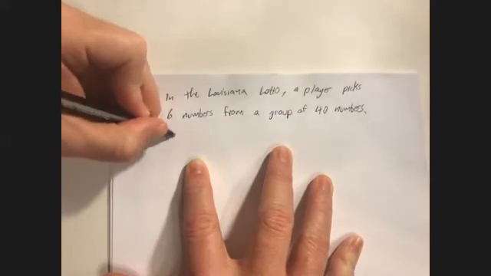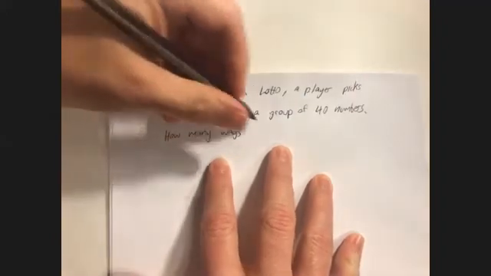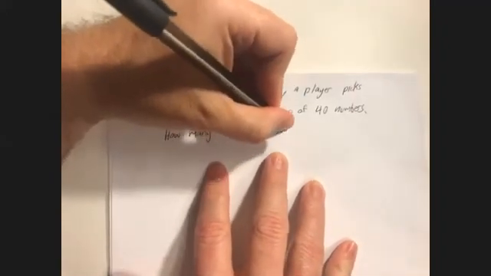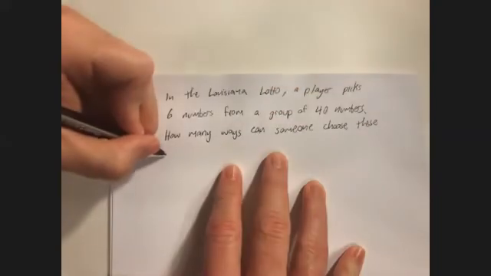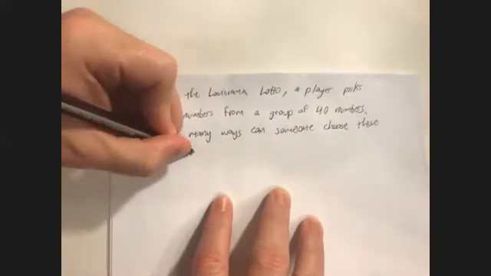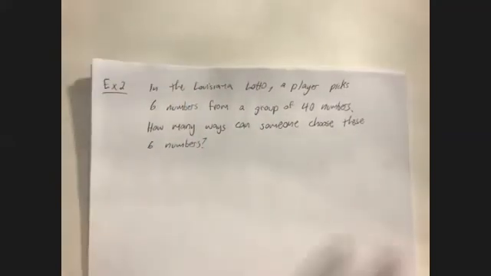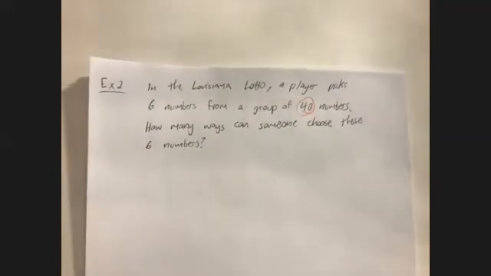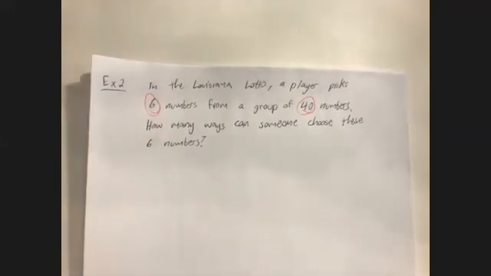Basically, how many ways can someone choose these 6 numbers? Okay. Well, the group that we can choose from is 40. We only need to choose 6 numbers. So this is nothing more than a combination.